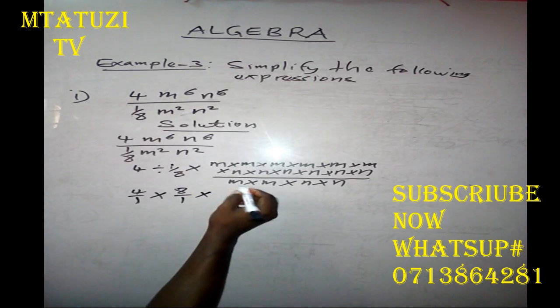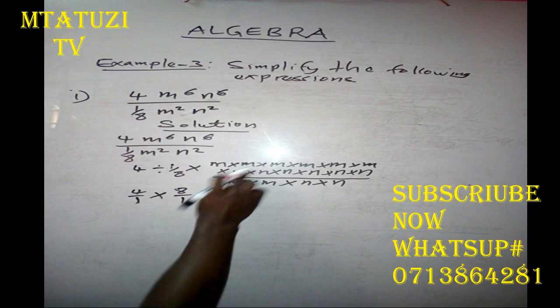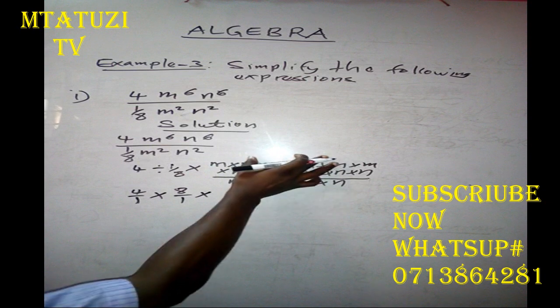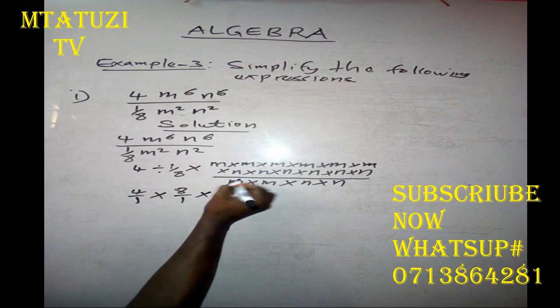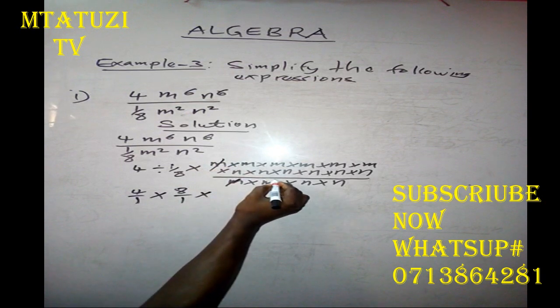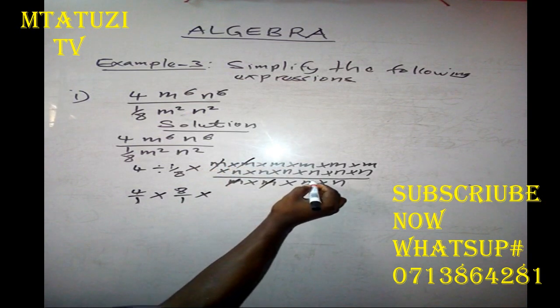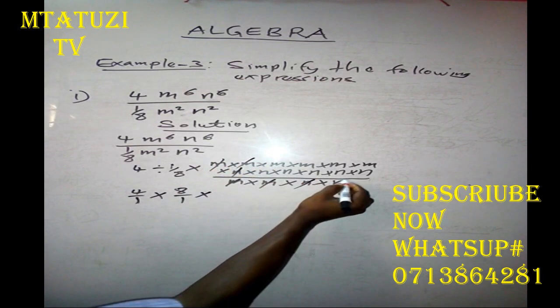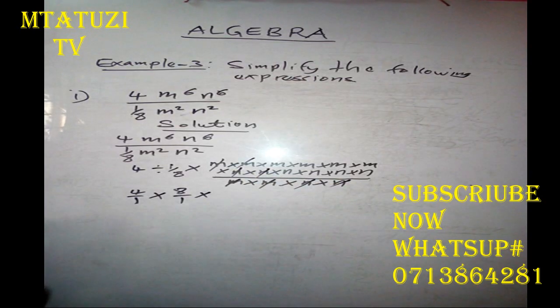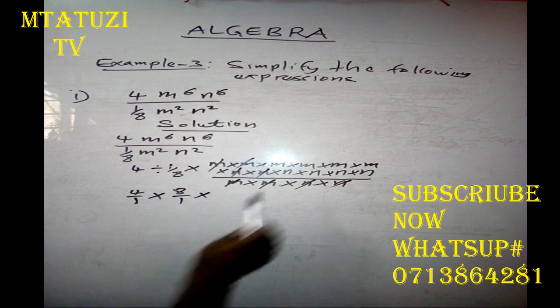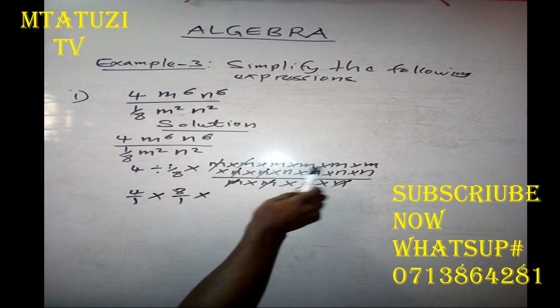So here we start dividing. This term is divided by this one, so you cancel the common letters. M and m cancel, m and m cancel, n and n cancel, n and n cancel. And then you write the letters that remain. How many m remain? 1, 2, 3, 4.